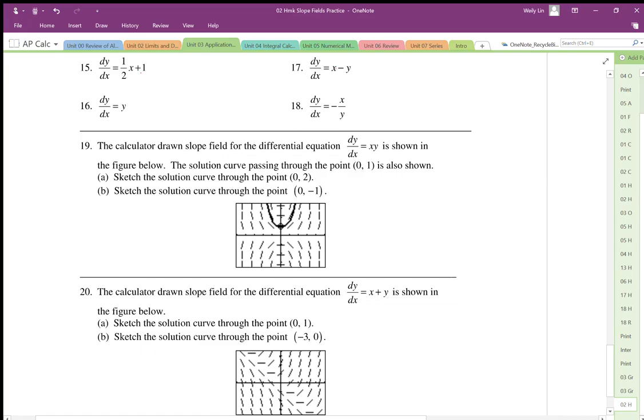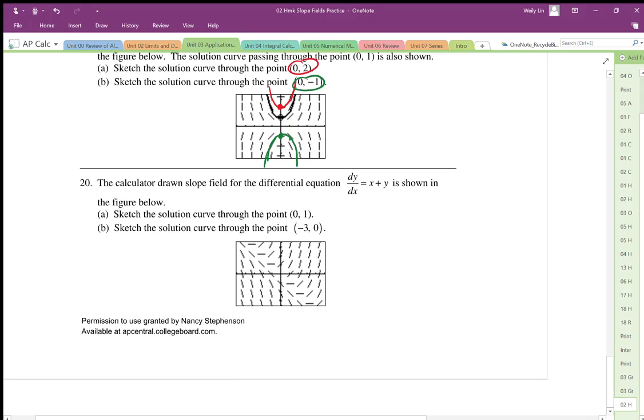If I do the same thing at 0, 2, that point right there, if I follow the slope lines, I get this shape. If at 0, negative 1, that means I'm starting here. If I follow the slope lines through that, it looks like it's going to follow like that. Okay, so that's going to be my graph through that slope field.